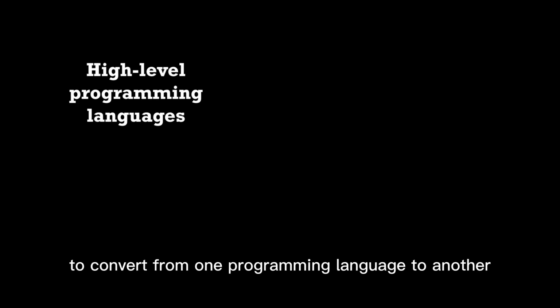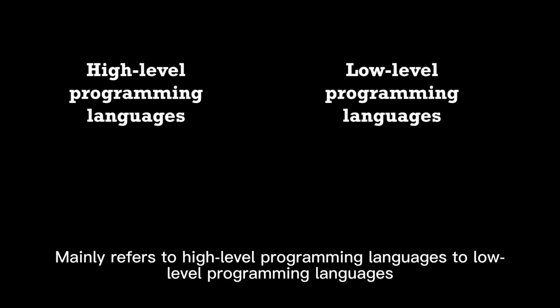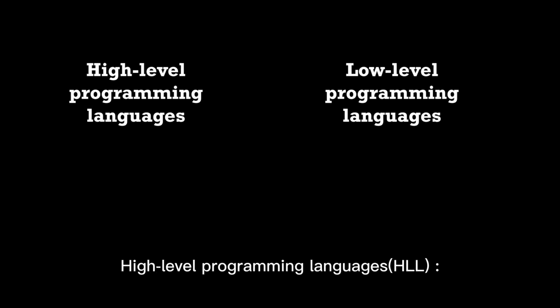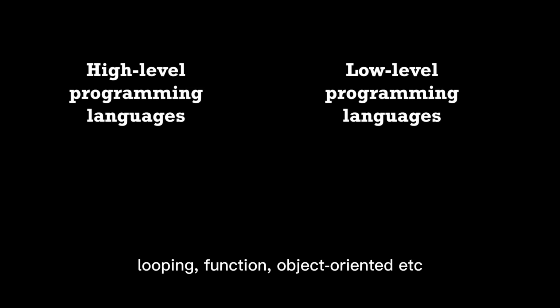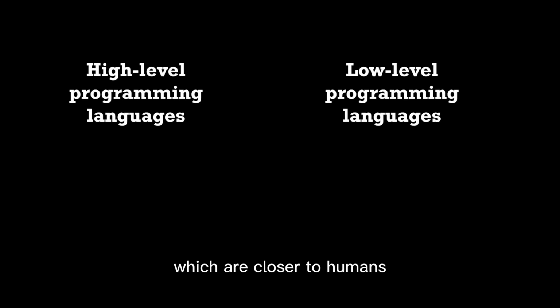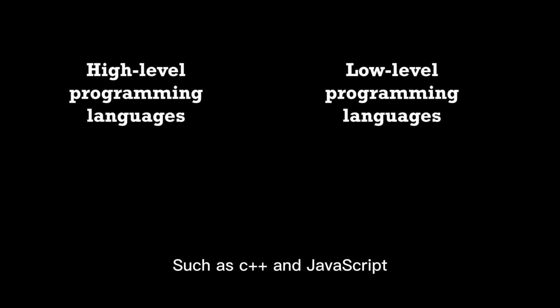Here comes the definition of compilation: to convert from one programming language to another, mainly referring to high-level programming languages to low-level programming languages. High-level programming languages have more language features used to describe logic such as branching, looping, functions, object-oriented, etc., which are closer to humans, allowing developers to express various logic quickly, such as C++ and JavaScript.